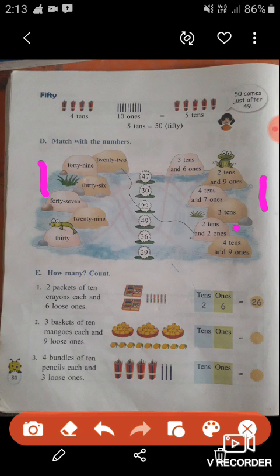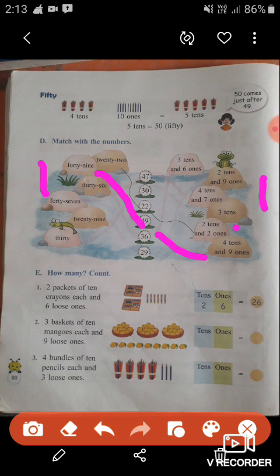Now next one is 49. You have to match the number name 49 with number 49. In 49 there are 4 tens and 9 ones, that is here. So you have to match like this.